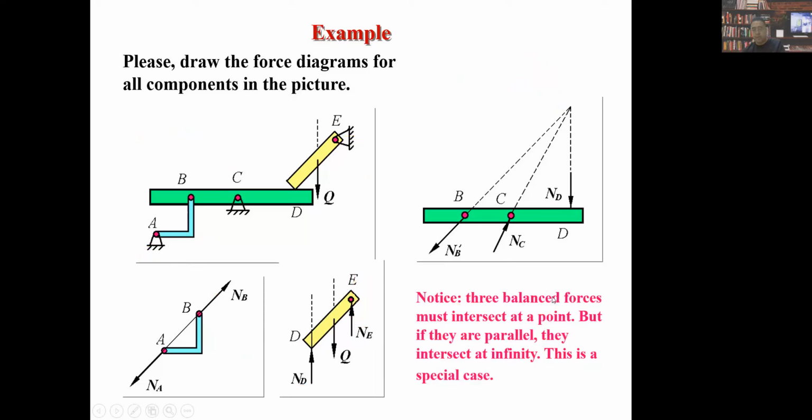In Chinese, we call that 三力汇交定理. 3 balanced forces acting on the same body must intersect at a common point. But if they are parallel like this, they intersect at infinity, far, far away from us, right? This is a special case.